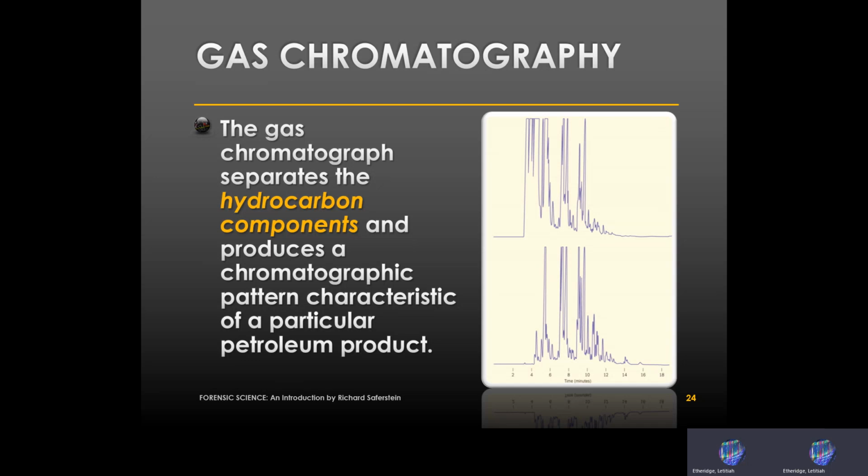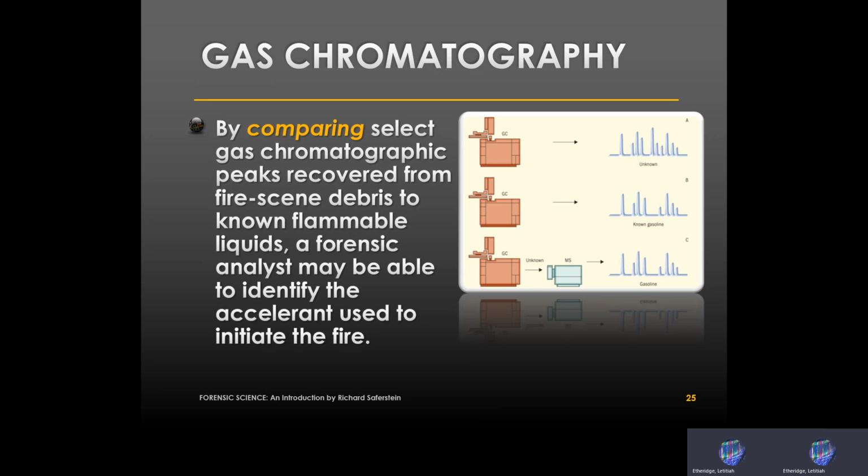So if I were to run a sample of known gasoline and put it up against the sample at a crime scene, based on the gas chromatography results, I should be able to say, that's gasoline for real. This is gasoline that I have identified from my crime scene. By doing that comparison, a forensic analyst will be able to identify the accelerant used, as long as we have that chromatograph picture on file.